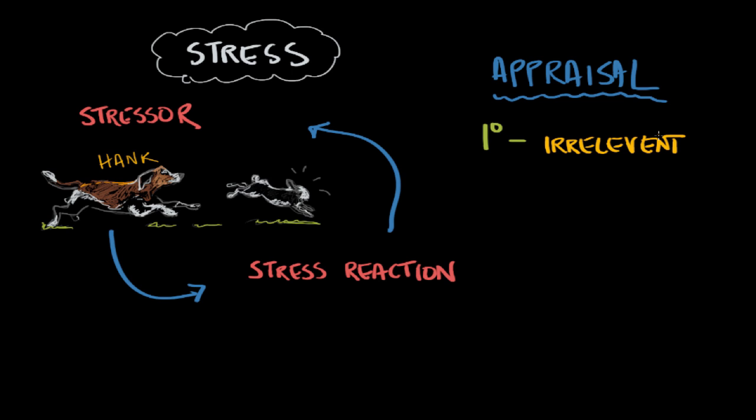Another response, even better than an irrelevant response, might be a benign or a positive response. So benign or positive, and maybe this threat, for example a bird sees a dinosaur stomping through the forest, but that dinosaur is actually kind of a positive threat because it's about to take out one of the bird's enemies. So we might have a benign or a positive response to this stress.